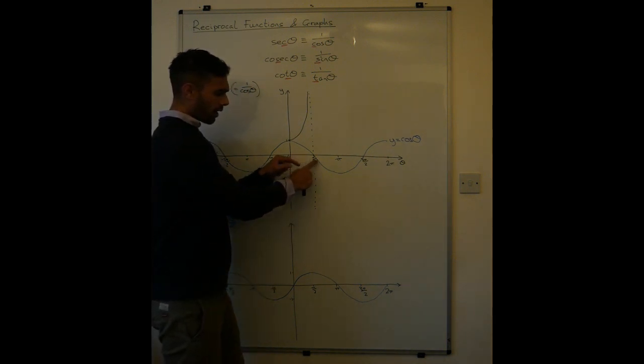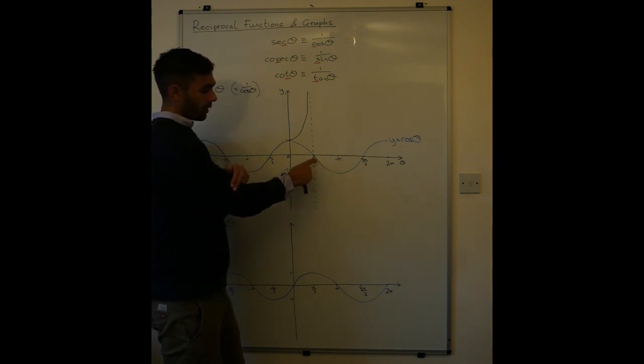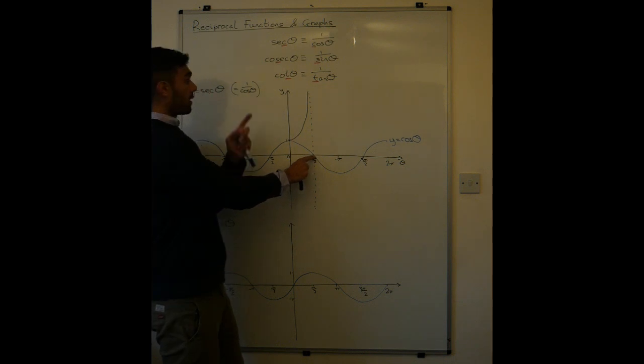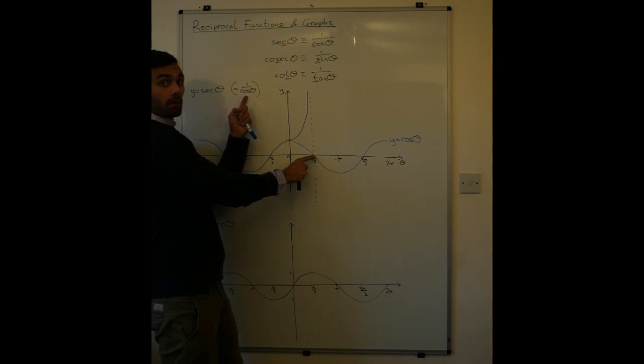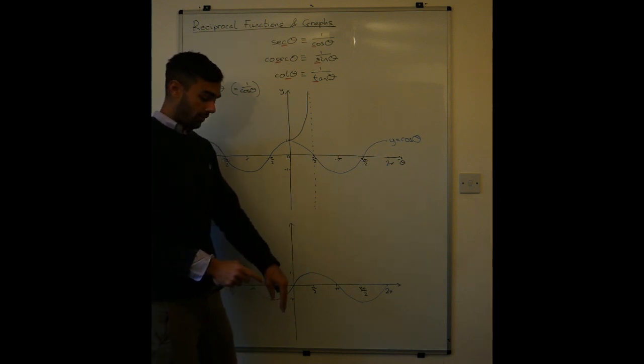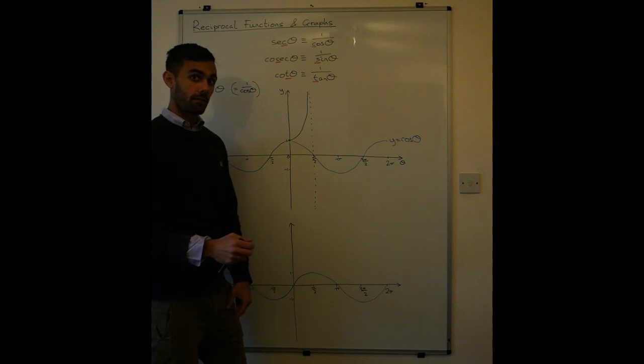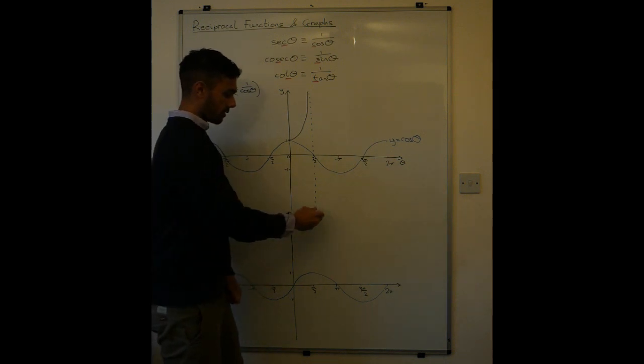So very close to pi over 2, but just to the right of pi over 2, cos is very close to 0, but it's negative. If you do 1 divided by a very small negative number, you're going to be pushing down to numbers that have a large magnitude but are negative, which means you're going to be down here.